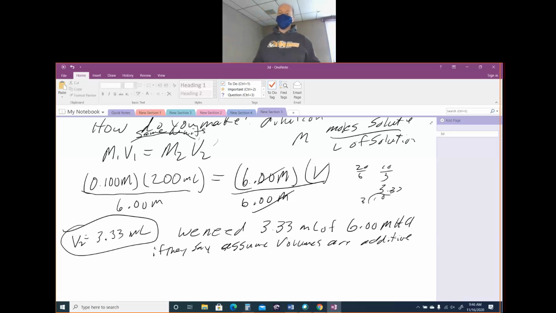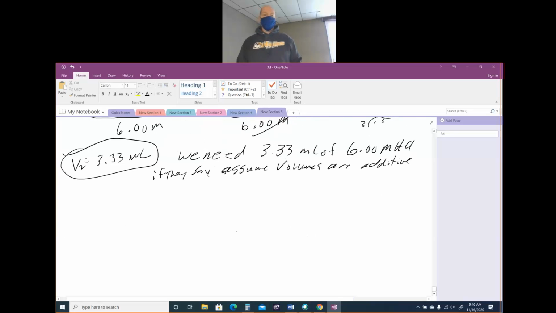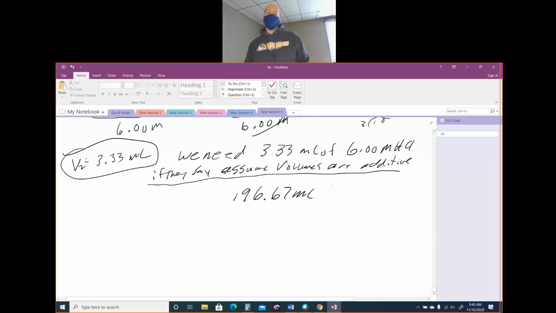So you don't always have volumes that are additive. But in this case, when you're taking 6 molar and making it into 0.1 molar, you will have volumes that are additive. But never assume that the volumes are additive, unless they say it is to be assumed. All right, and so we need 200 mils total, so we need 196.67 mils of water.